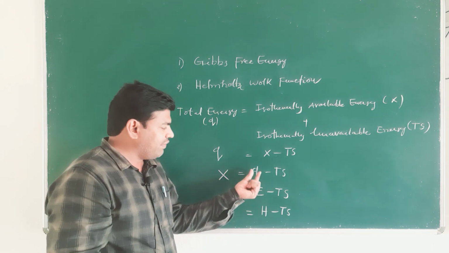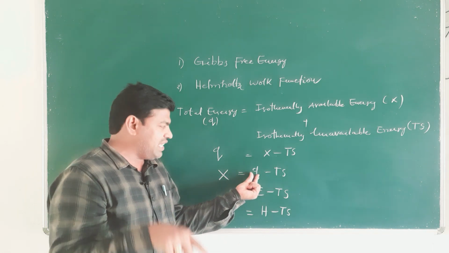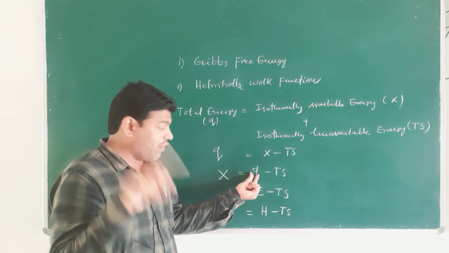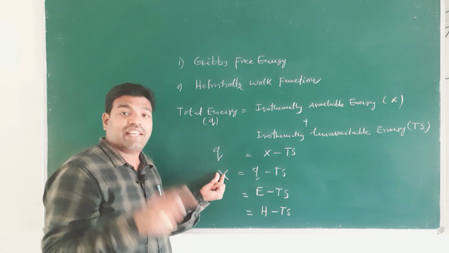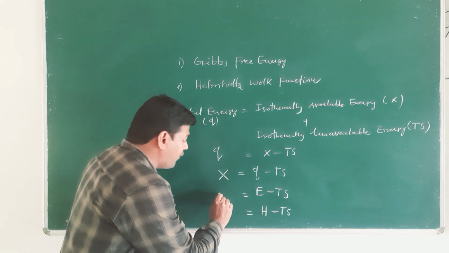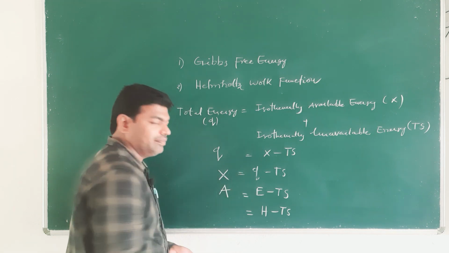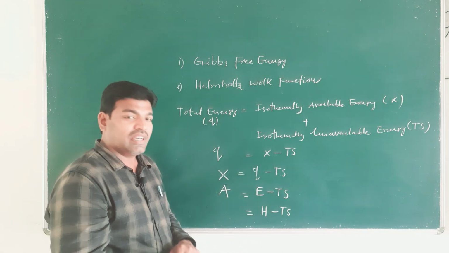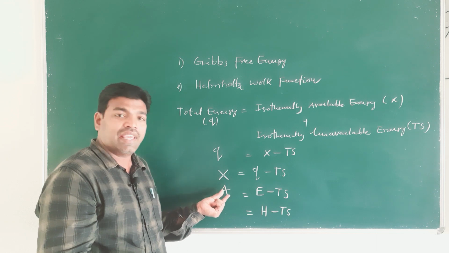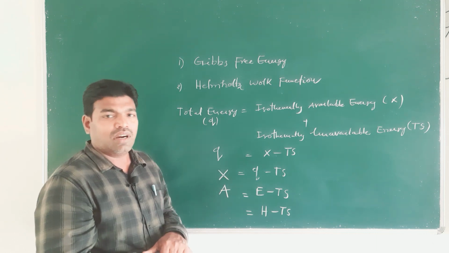When Q is replaced by E, that is heat absorbed at constant volume, then X is replaced with the Helmholtz work function. Helmholtz assigned the letter A for this X term.